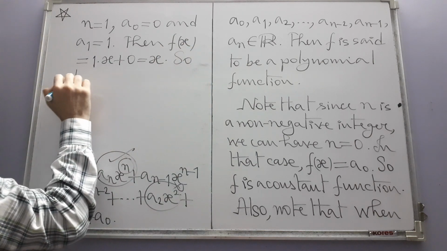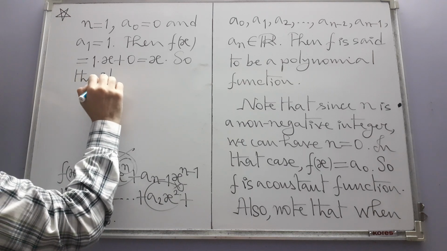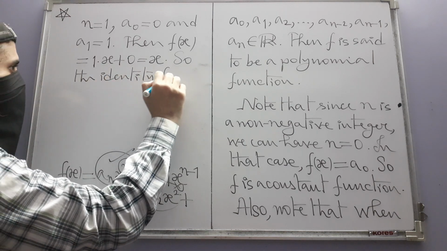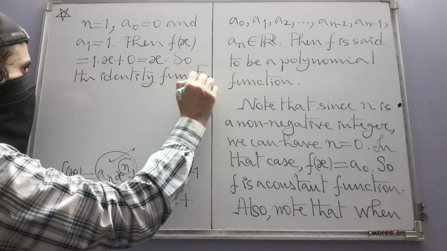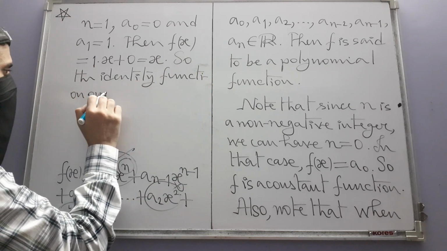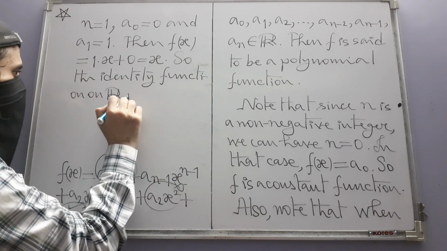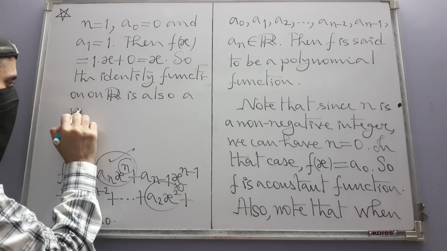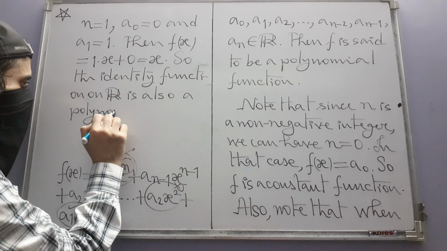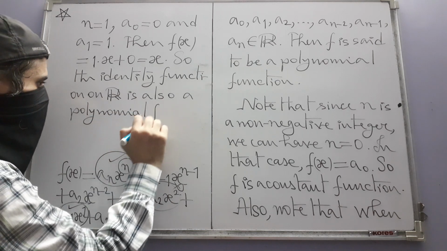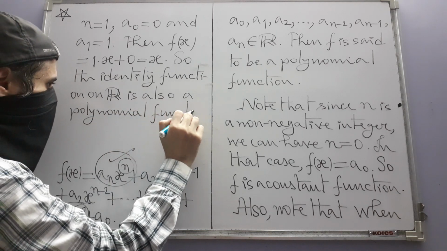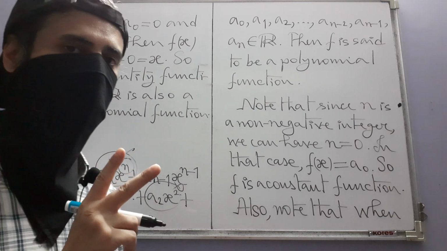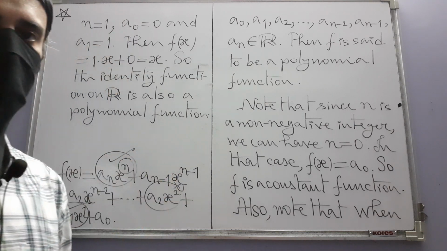So the identity function on R is also a polynomial function. That means the first 2 examples are special cases of this third one.